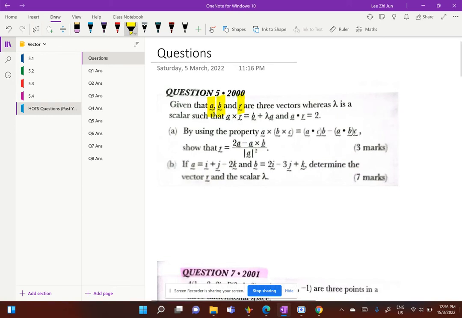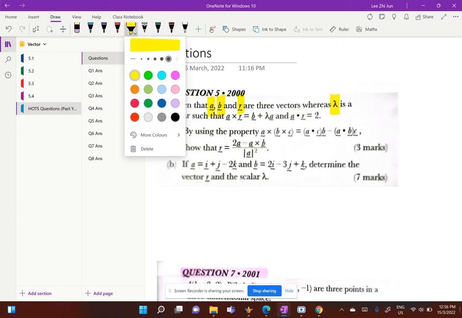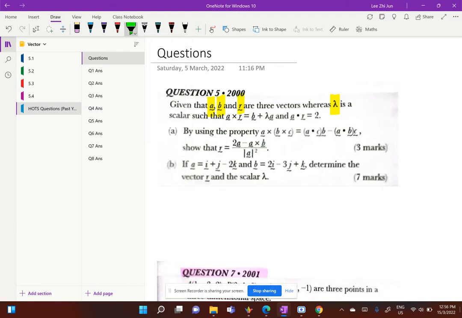Given that A, B, and R are three vectors, and lambda is a scalar, it has two pieces of information: A cross R equals B plus lambda A, and the dot product A dot R is 2.